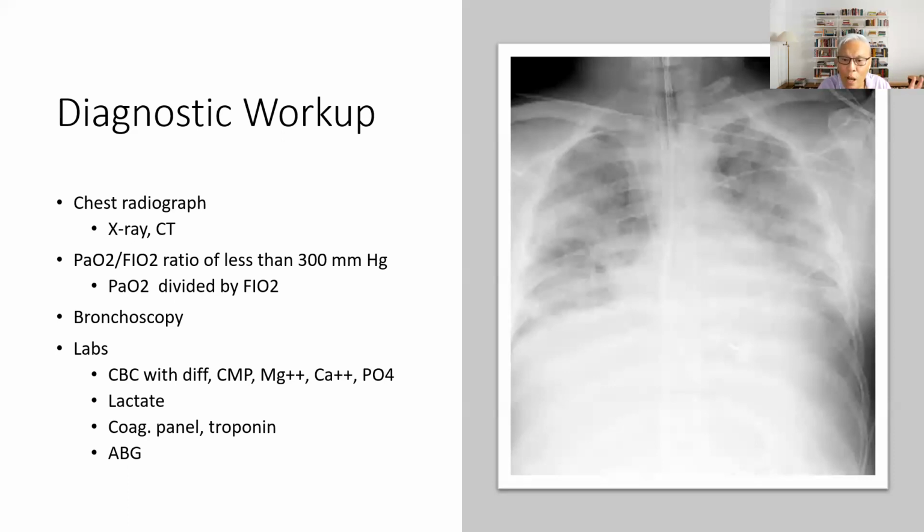It becomes a white out. And this becomes the hallmark for the diagnosis of ARDS, bilateral lung infiltrates. And there's also going to be a PaO2 over FiO2 ratio of less than 300.